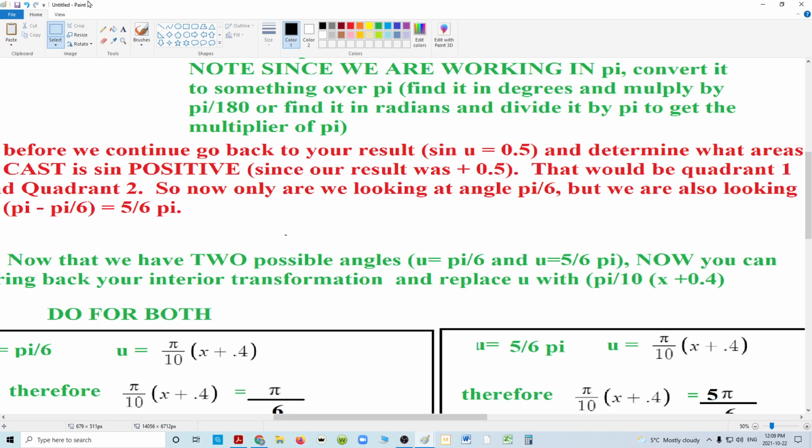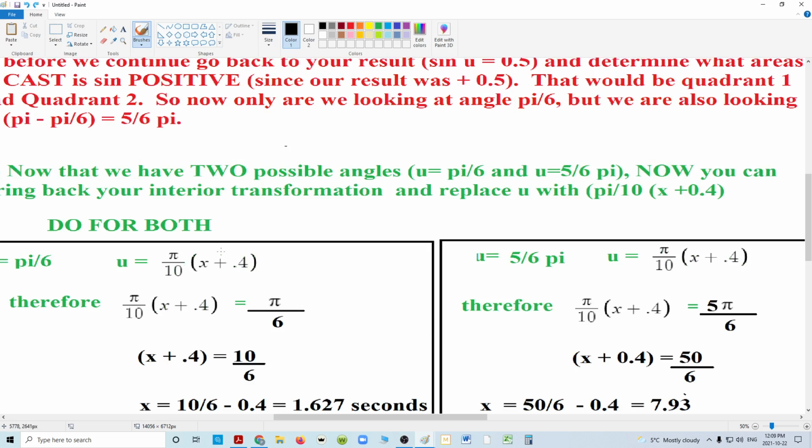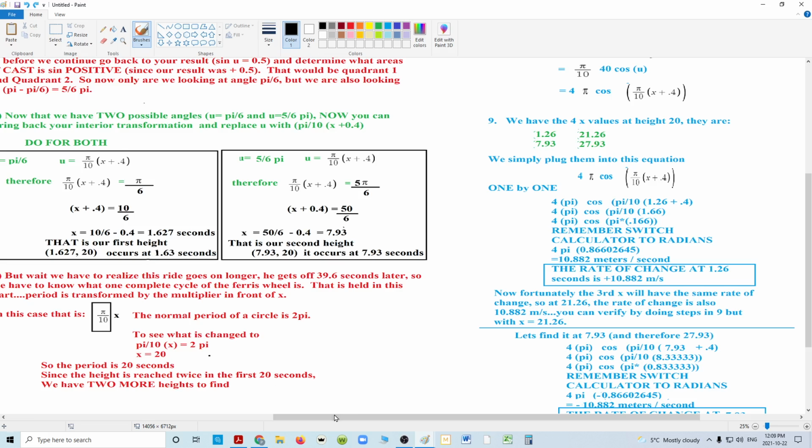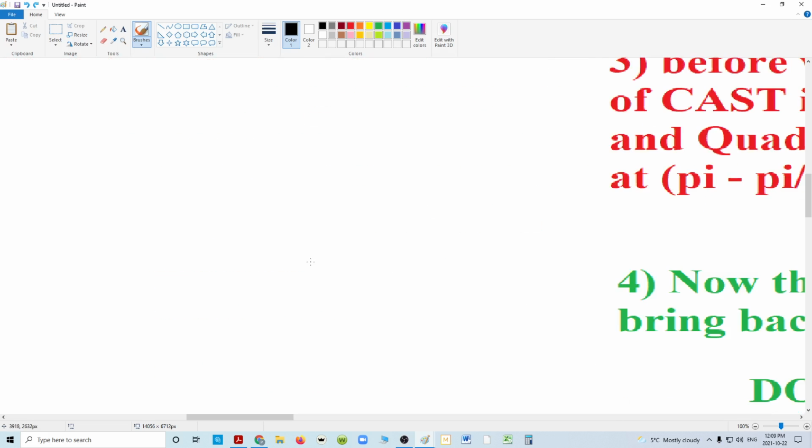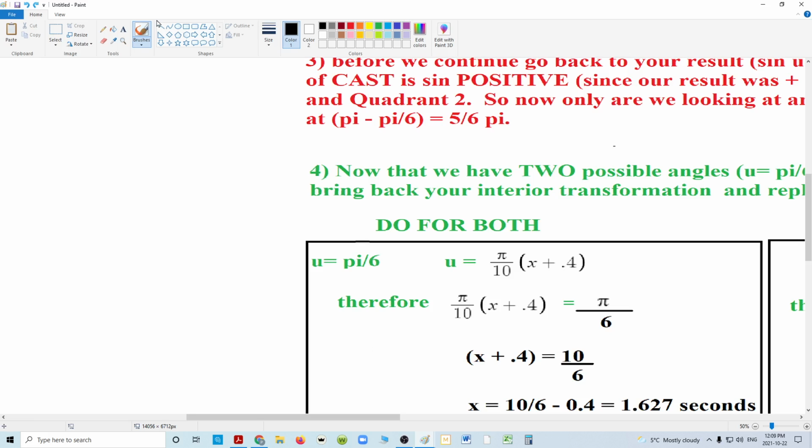So it's just good to be able to understand that we're dealing with two angles. Now that you know you have two possible angles, where u is pi over 6 and u is 5 pi over 6, now you can go back and replace your u again and solve for both. So let's look at what we did there. I know that u is equal to pi over 6. Now I bring what u is equal to, and I say, well, then this must be equal to pi over 6.